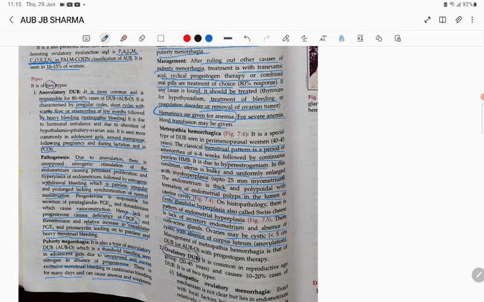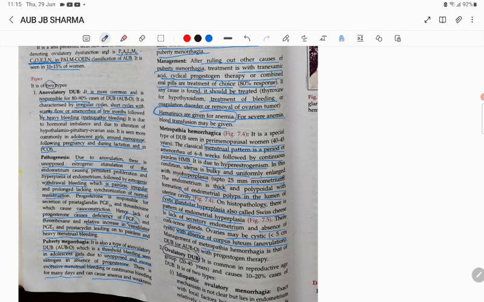Because of anovulation there is no progesterone and no corpus luteum formation. The follicle is not ruptured, so it will form a cyst.